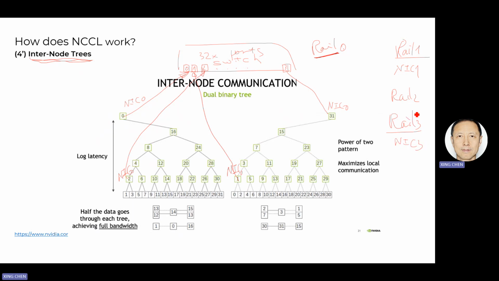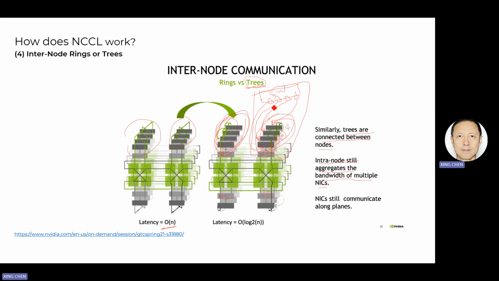So at the end, you have 4 NICs and four rails: rail 0, rail 1, rail 2, rail 3. Okay, now these are the 4 rails.